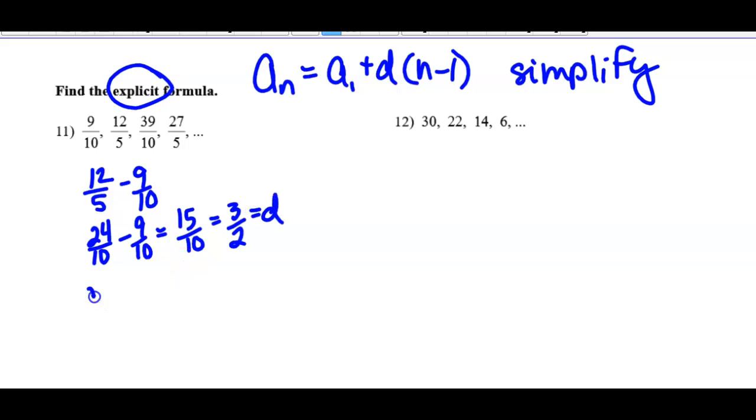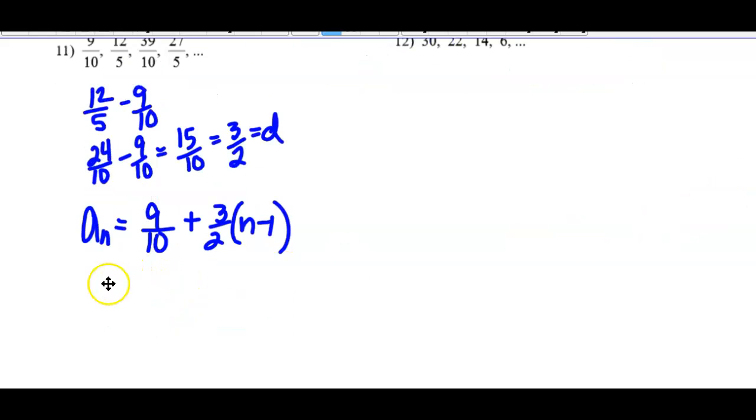So the formula would be any term is the first term plus the difference and minus 1 times. Now, to simplify that, I'm going to distribute. And then I'm going to do 9 tenths minus 3 halves to combine those.